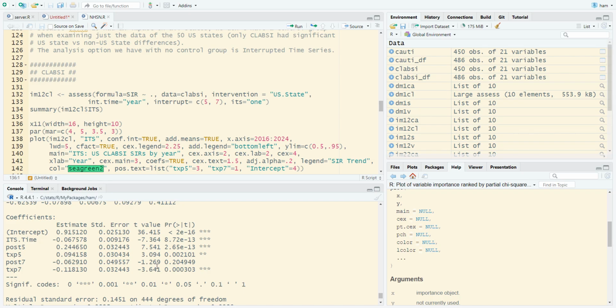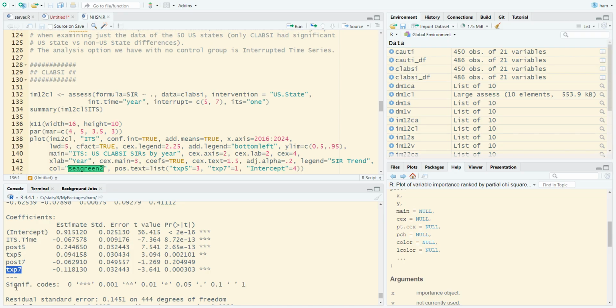For these variables, we're actually going to look at post 5 and TXP5, post 7 and TXP7. I don't have the I in any of these variable names because by default there's not an intervention.